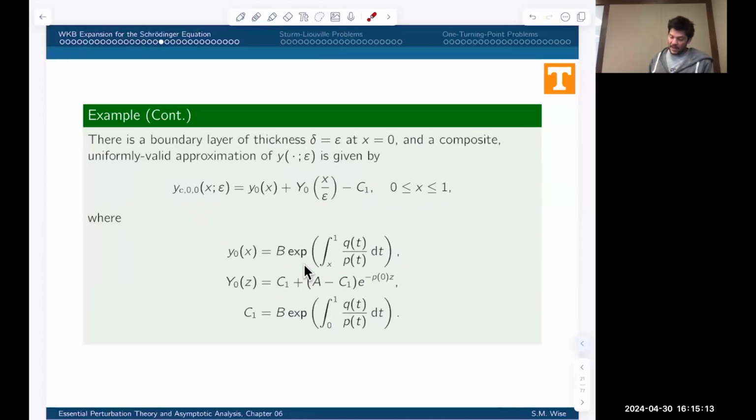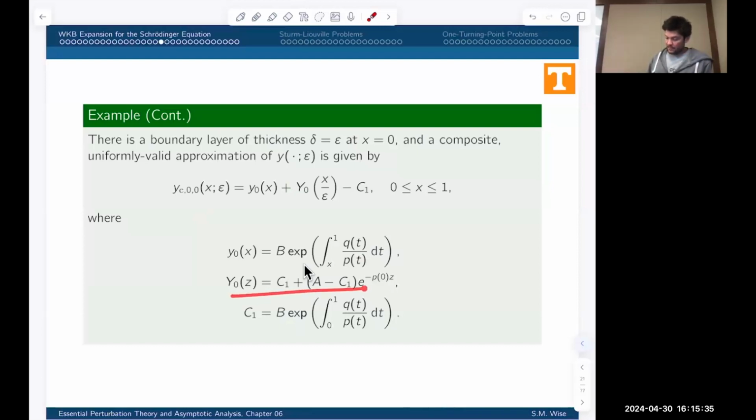So in the boundary layer chapter, chapter 5, you have an outer solution and an inner solution. We remember there was a very special structure of the solution: it had to decay as you move away from the boundary layer and back into the outer solution region.